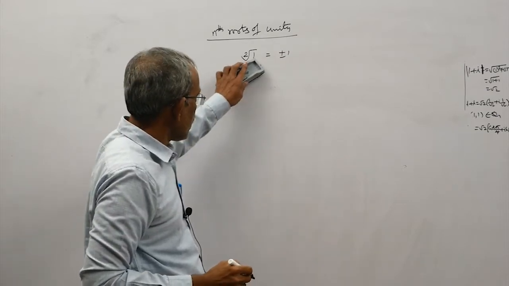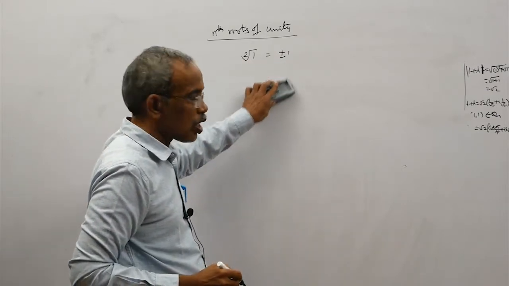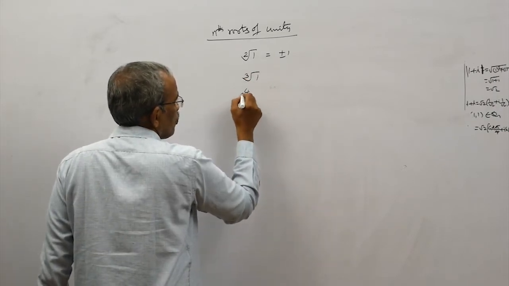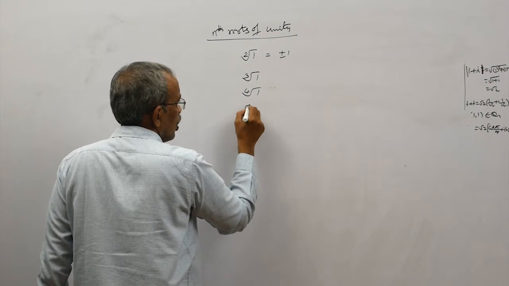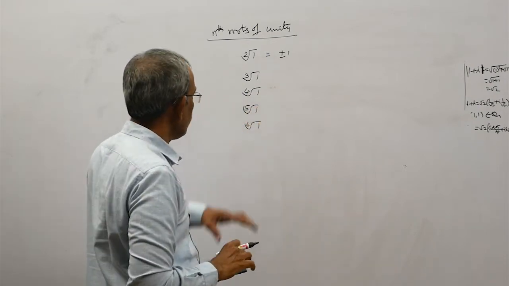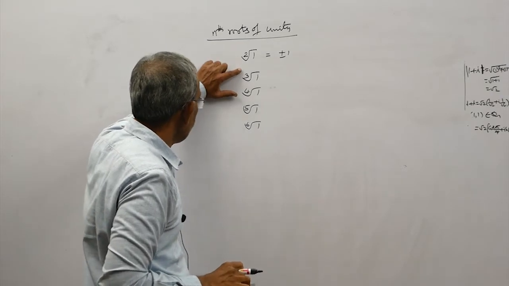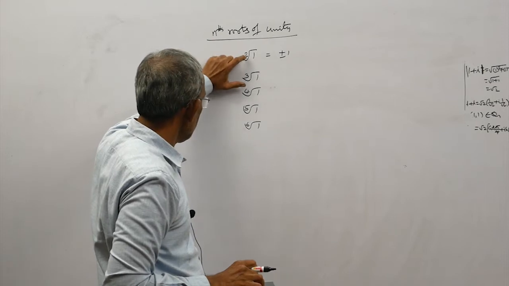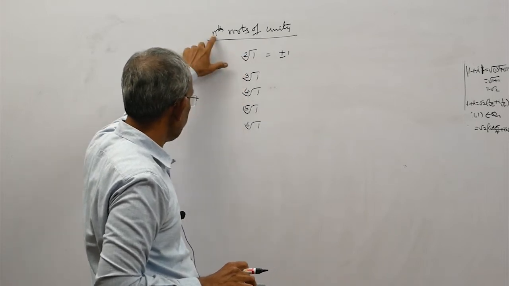Square root of 1, here we have 2 values, plus or minus 1. Similarly we have cube root of 1, fourth root of 1, fifth root of 1, sixth root of 1. These are all different kinds of nth roots of unity where n is equal to 2, 3, 4, 5, 6.